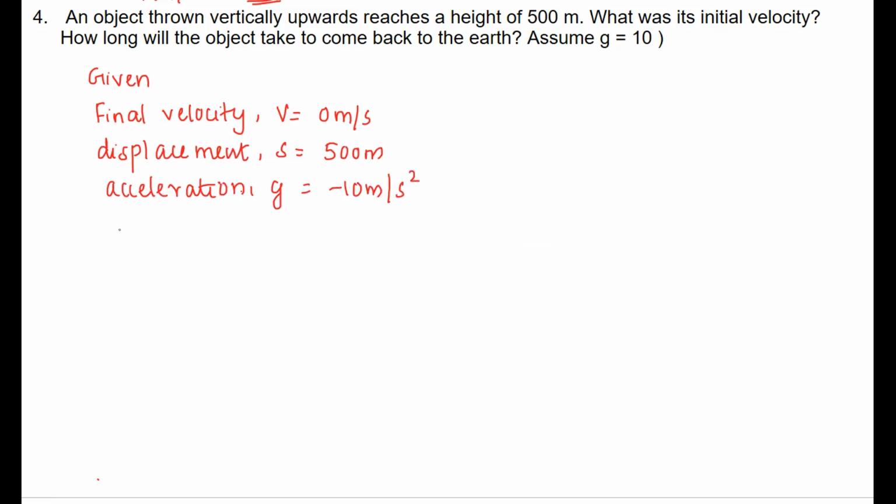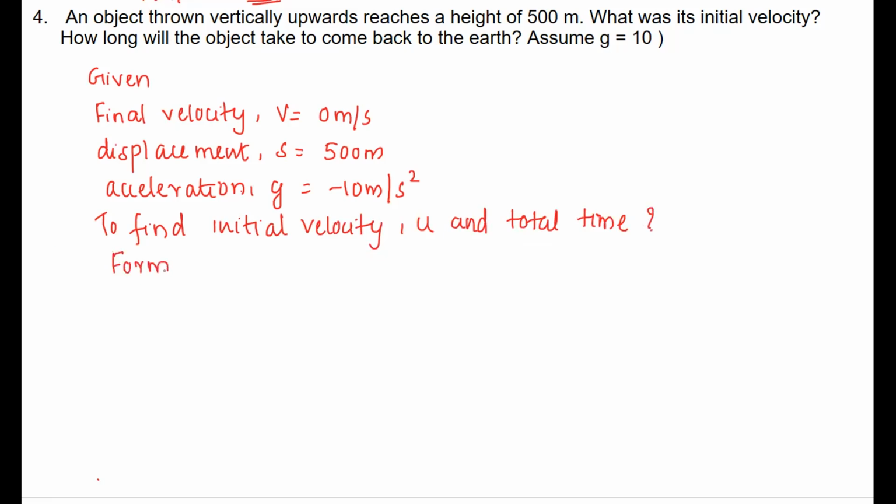Okay, we want to find out initial velocity and time taken by the object to come back to the Earth. To find initial velocity u and total time, this we want to find out.